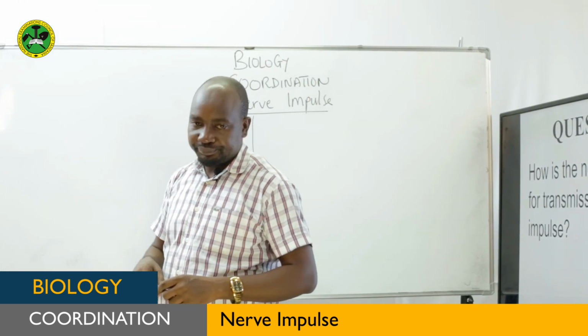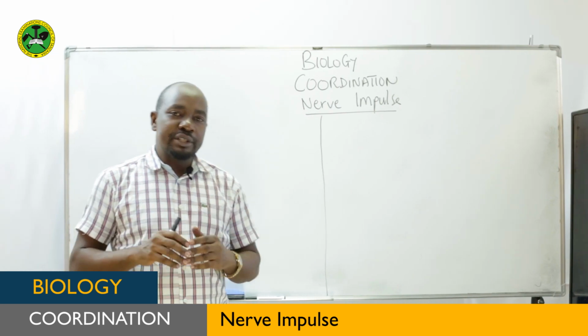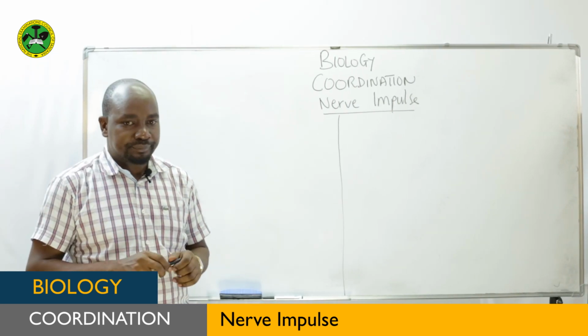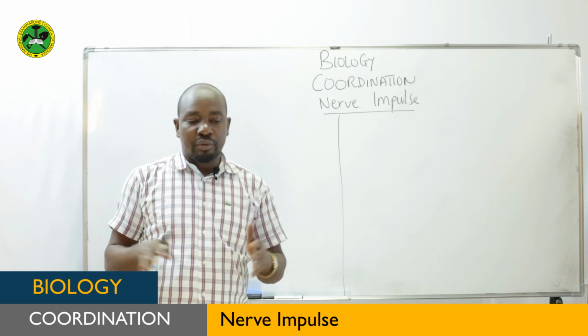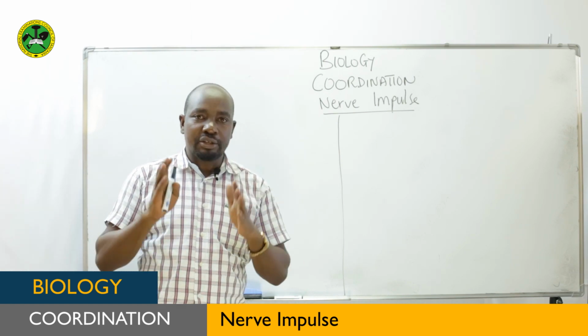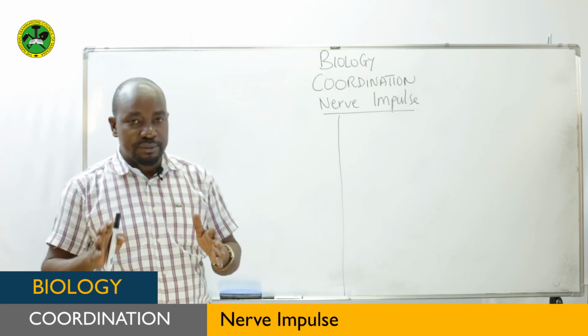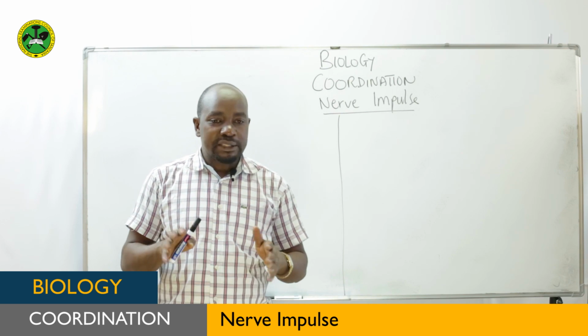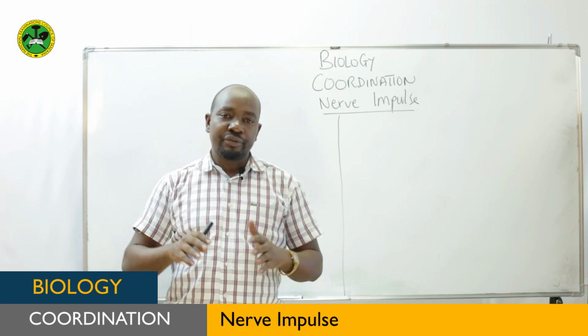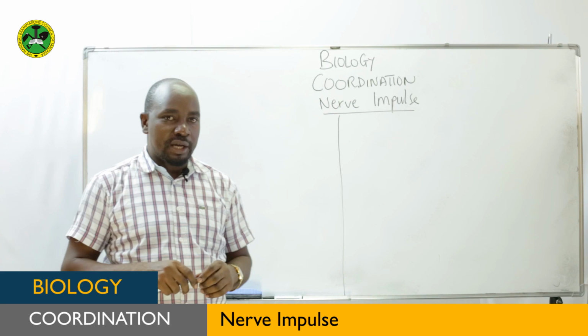A neuron is a specialized cell. The major function of transmission of nerve impulse is done by the neuron, but apart from that, neurons also have other functions.